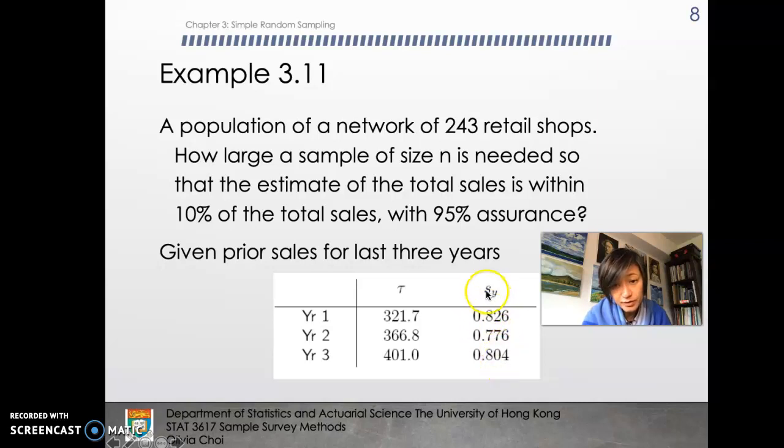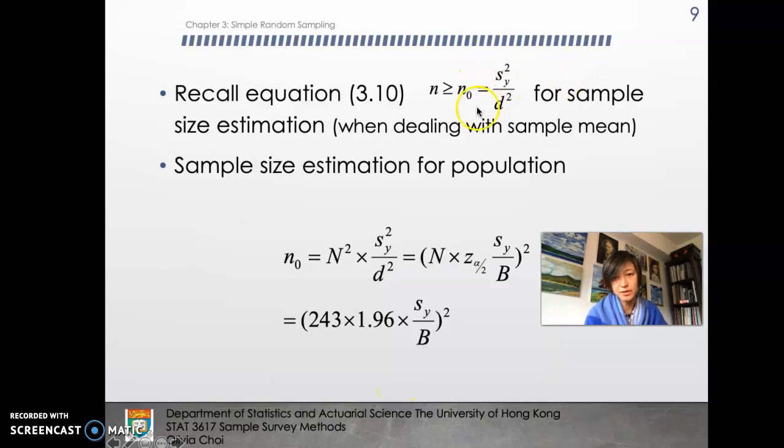If we are given S tau, then we are already having the variation of the past year's total sales, and then we can simply use this relationship to find the N naught. But now this SY is referring to per retail shop. So that's why we need to multiply by N squared.